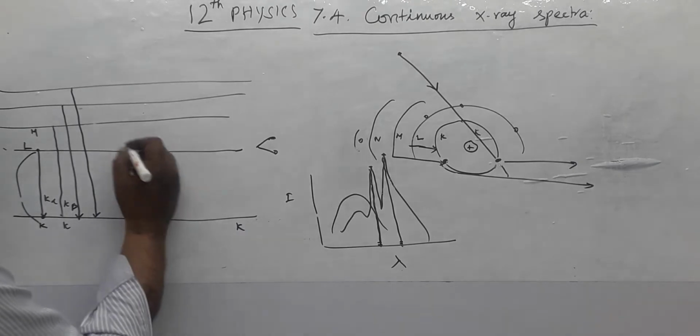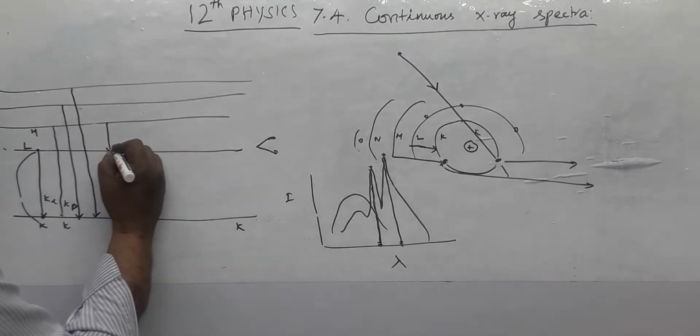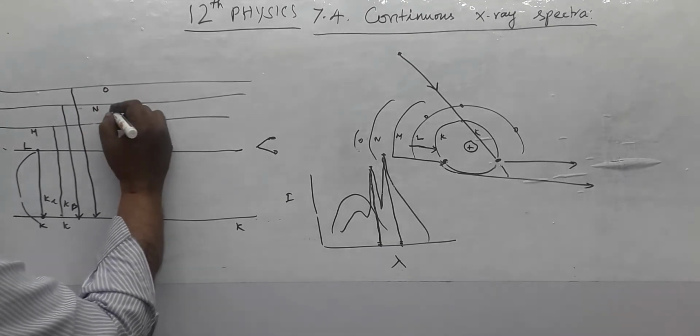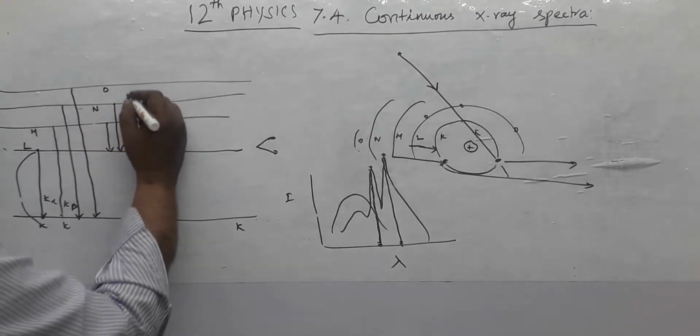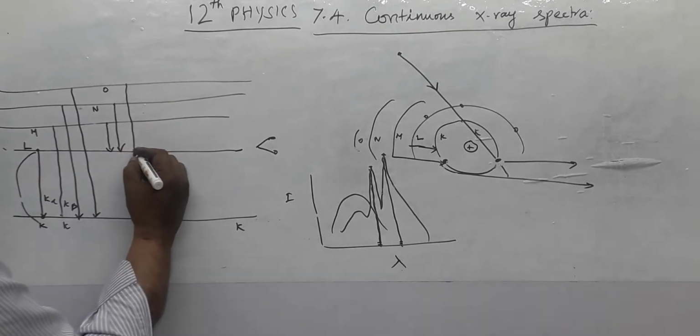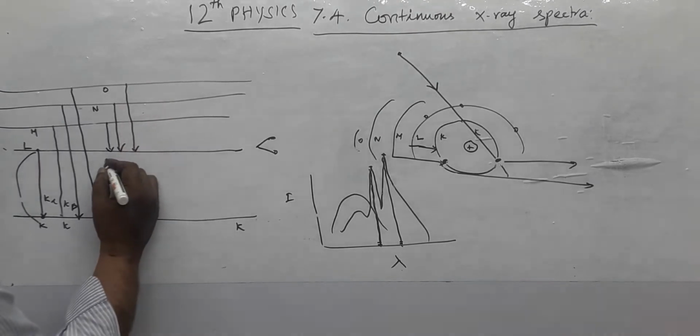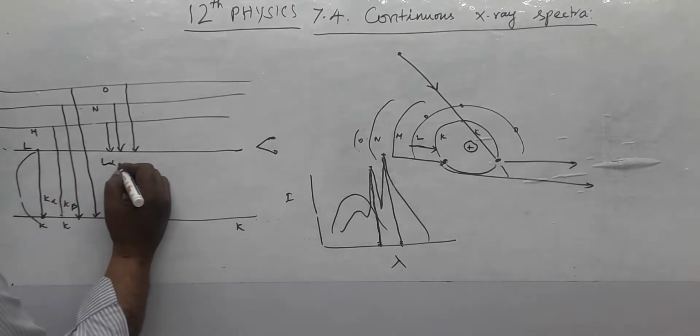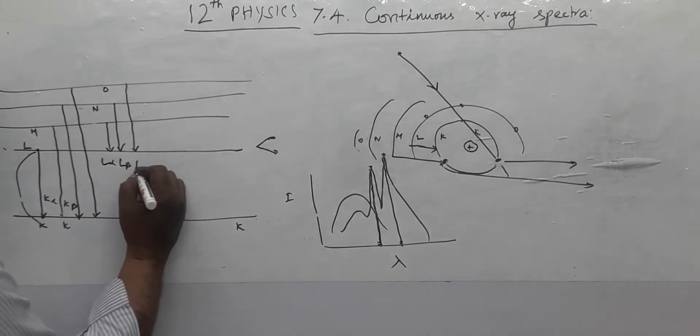There will be a vacuum, so electrons from the higher energy levels M, N, O jump down. This is called L alpha, L beta, and L gamma.